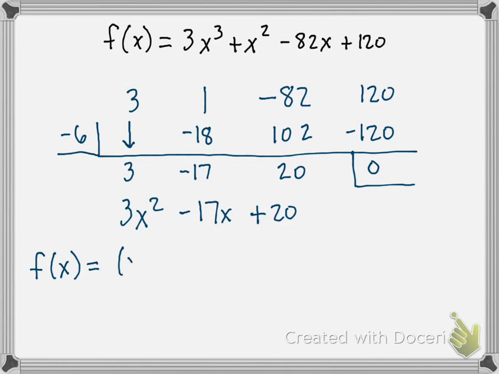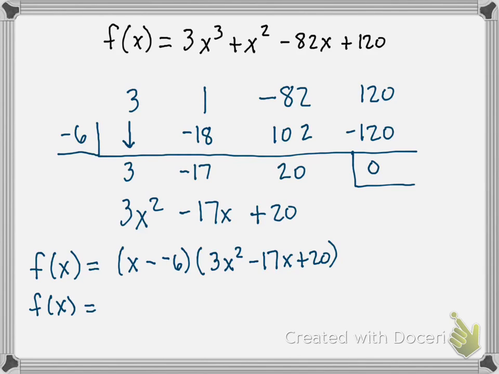We've got x minus the negative 6, which was a 0, times our quotient, which was 3x squared minus 17x plus 20. I'm going to rewrite that as x plus 6. Now we need to factor the quadratic expression, 3x squared minus 17x plus 20.